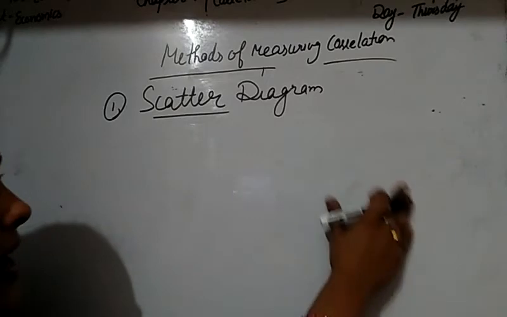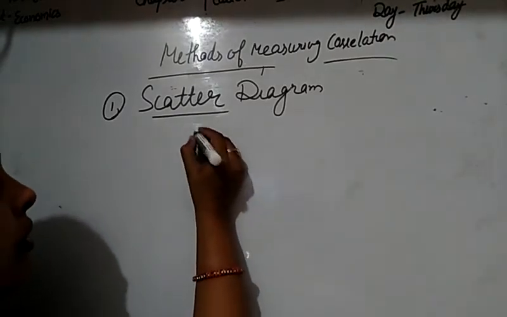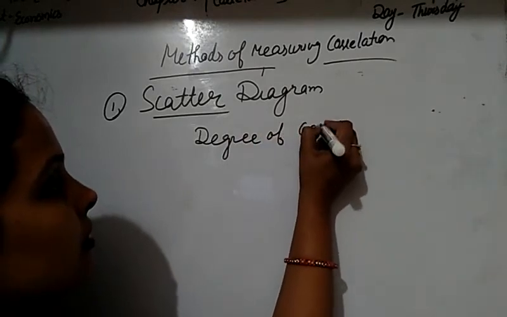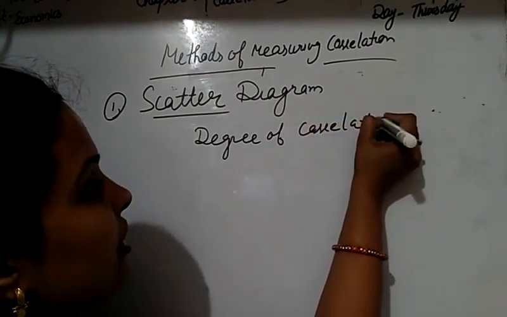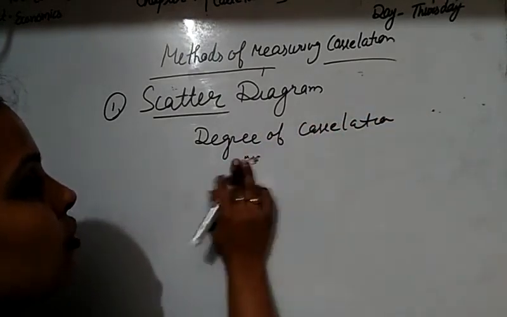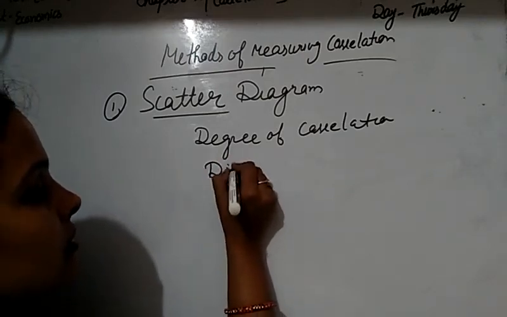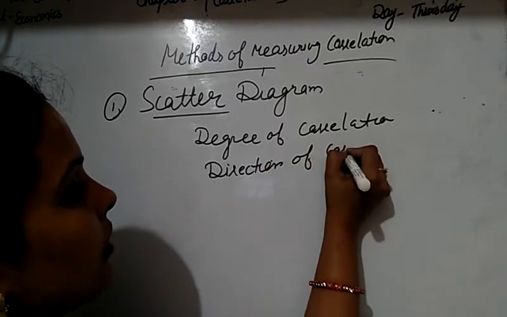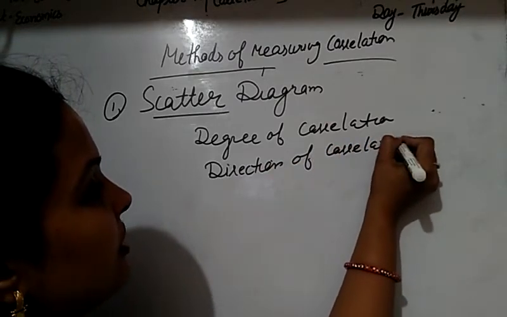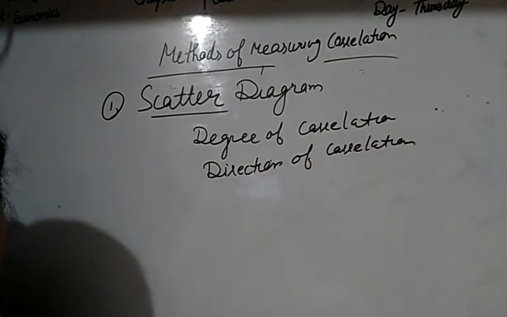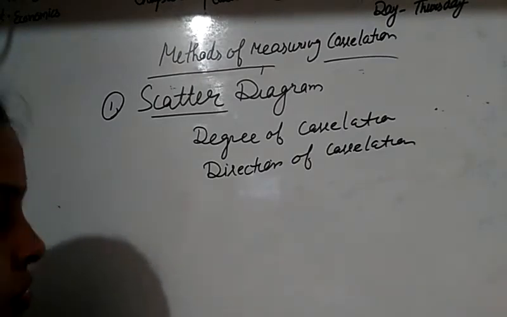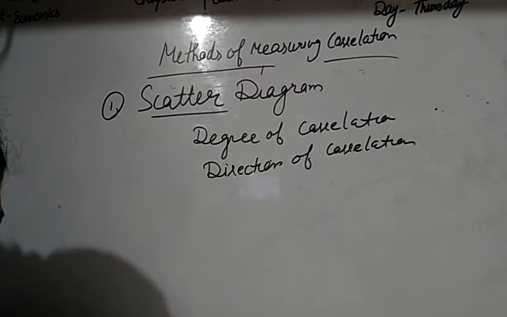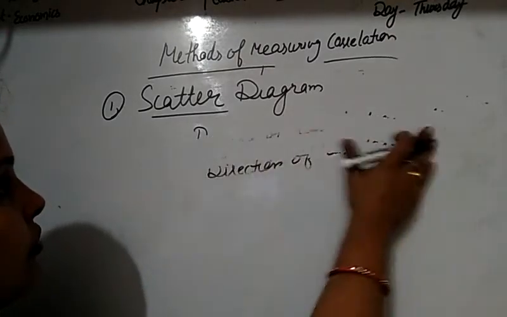So in a scatter diagram, we get to know the degree of correlation and the movement of correlation, or we can say the direction of correlation, between two variables. Okay students. So the scatter diagram can be interpreted in the following ways.